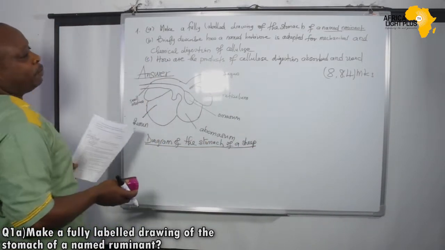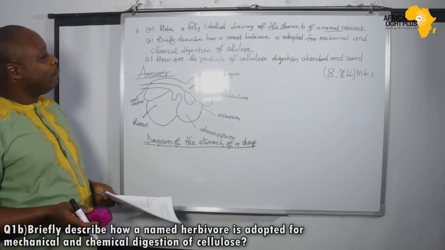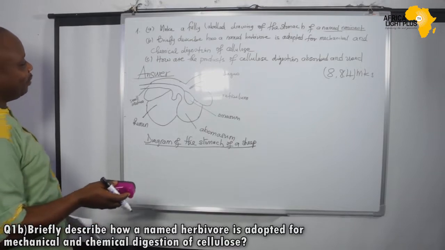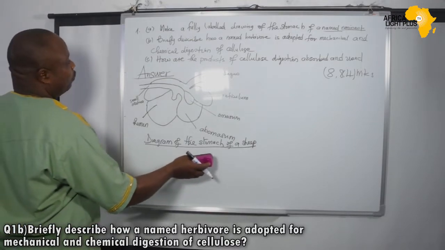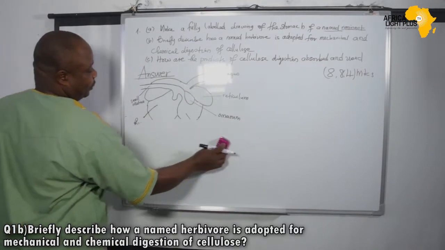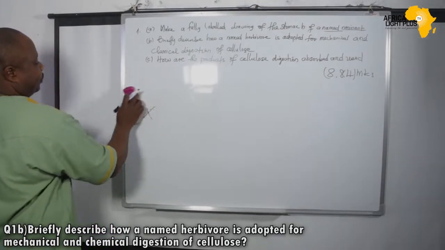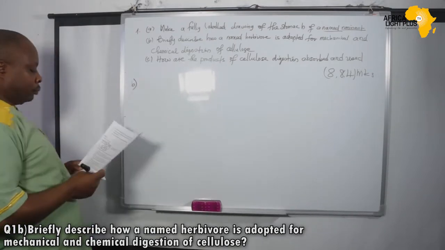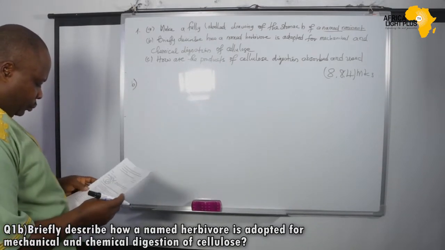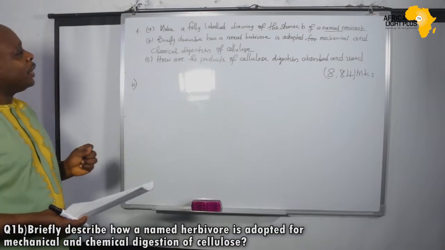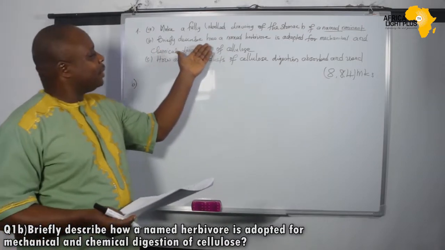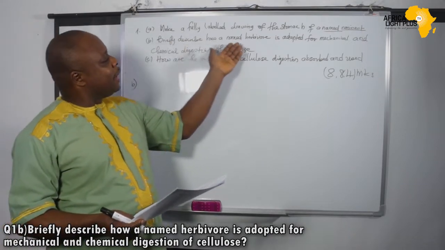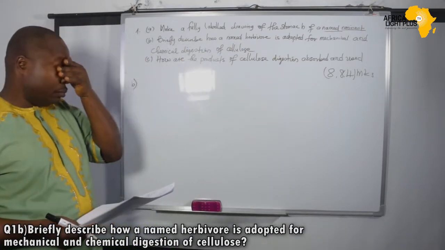Part B says, briefly describe how a named herbivore is adapted for mechanical and chemical digestion of cellulose. So we move to part B. The very first key thing here is that our question says a named herbivore.